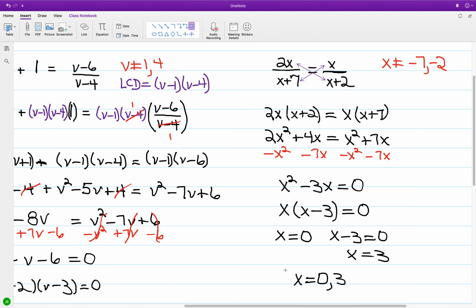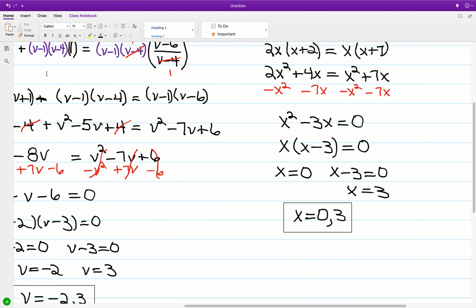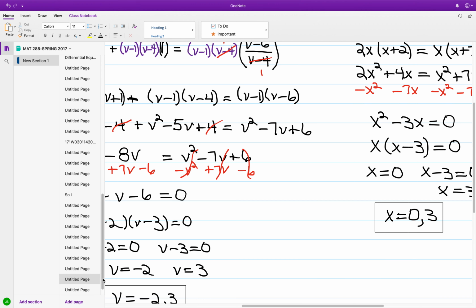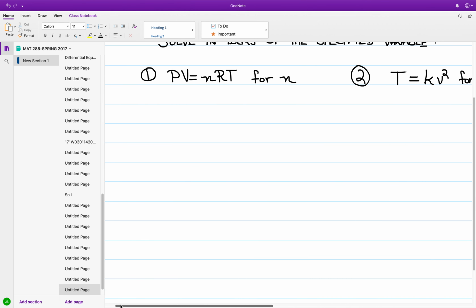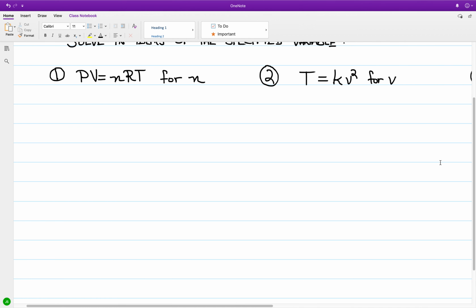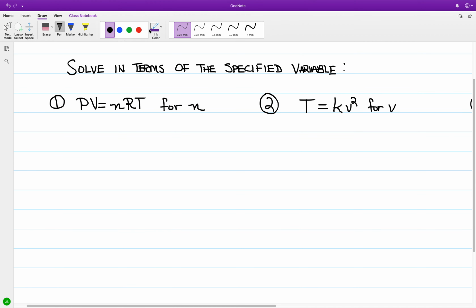Now, part of what we had in the handout set was looking at expressing equations in terms of a specified variable. Let's say that for these cases, if I'm solving an equation in terms of a specified variable, we have PV is equal to nRT, and I'm looking at solving for n.